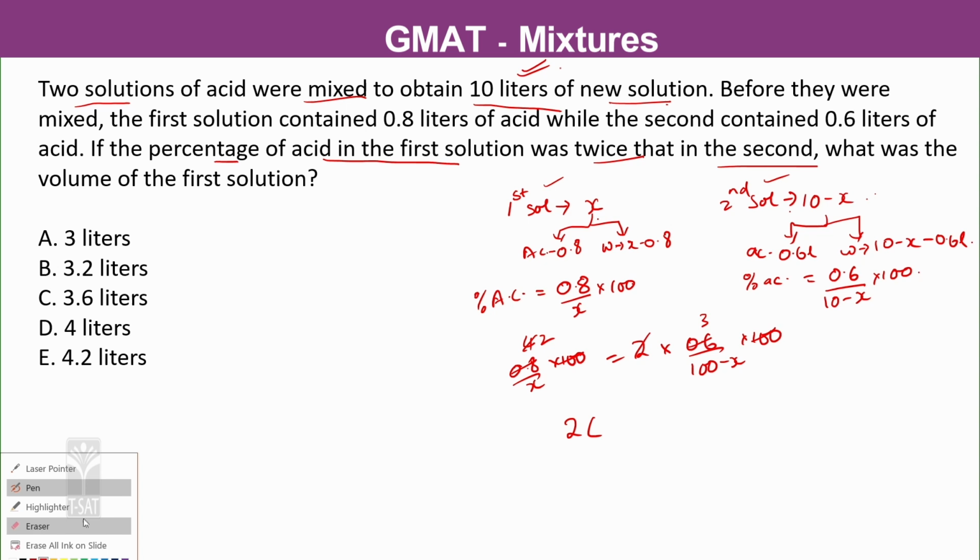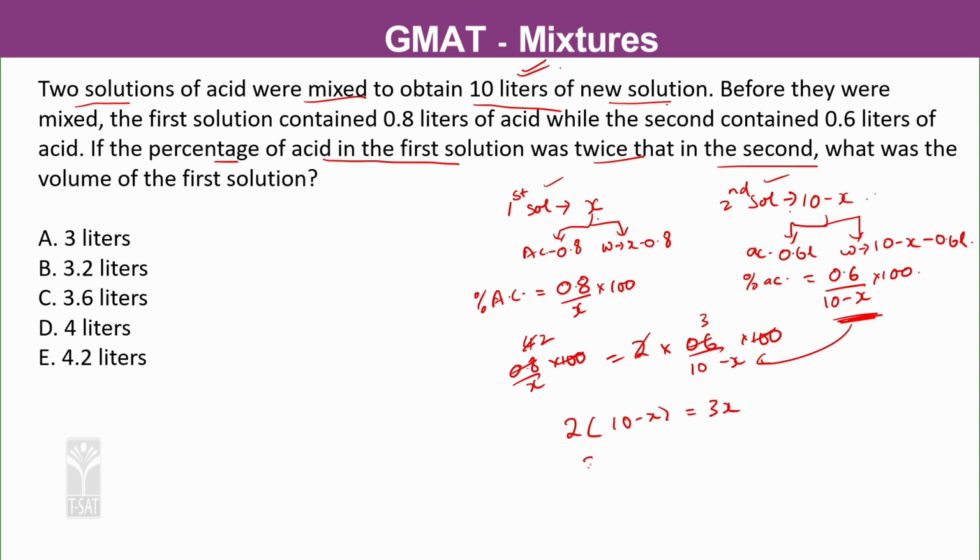I miswrote that, it is 10 minus x, not 100 minus x. So 2 into 10 minus x is equal to 3x, which means 20 minus 2x is equal to 3x. Taking 2x to the other side, you will have 20 is equal to 5x. Therefore, x will be equal to 4.